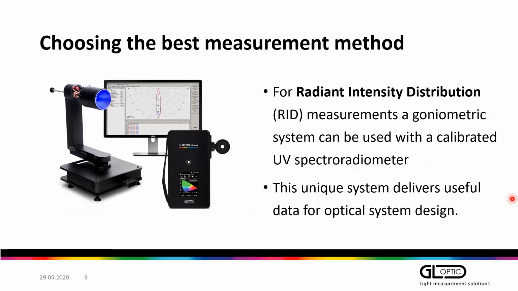There is also another option: to use a goniometric system and a calibrated spectroradiometer or a radiometer to check the radiant intensity distribution. This would be critical for anyone who is designing or developing new lamps using UVC sources and wants to check the distribution in space, because if we are going to install this in a system using different optics and different shapes and sizes, we have to be sure that the radiation is distributed in a proper way.